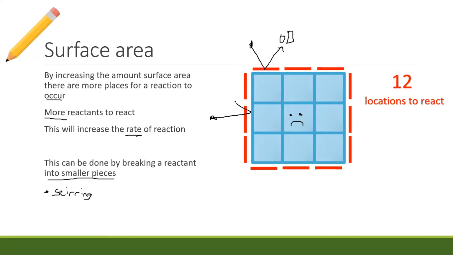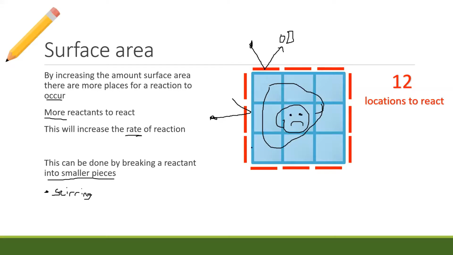I can react with this outer one, but I can't react with this inner one. So I've got wasted reactant. I have to wait for all of these ones around the edges to react before I can react with this middle one.